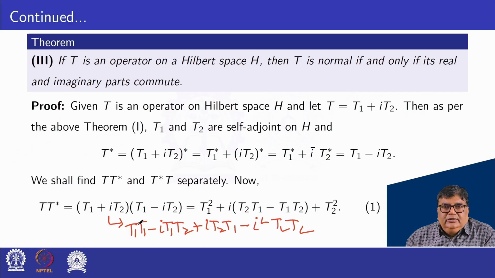Since i square is equal to minus 1, minus minus is plus, that is T2 square. So we have this one.